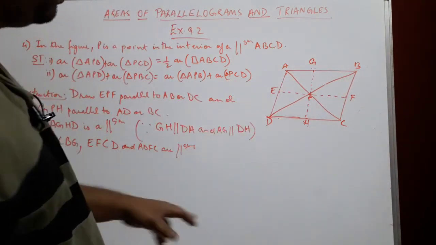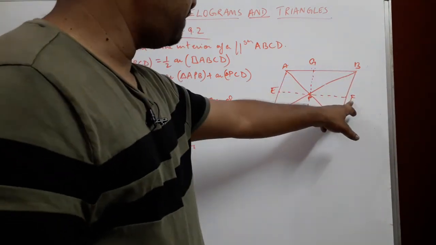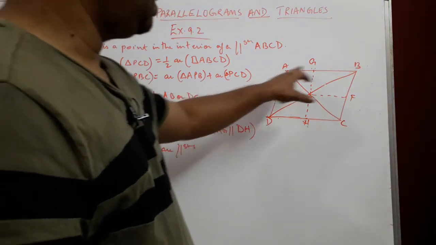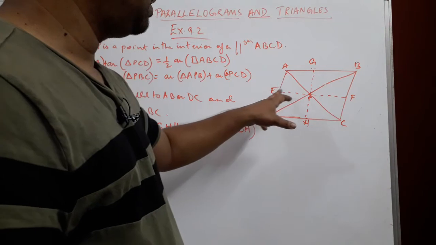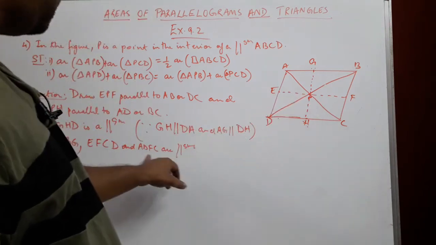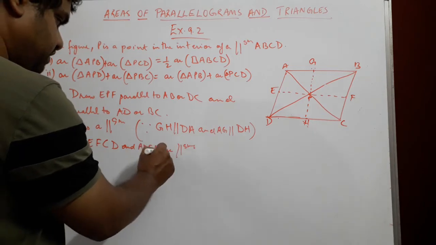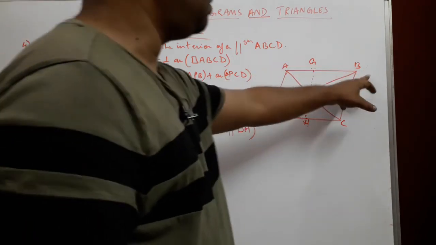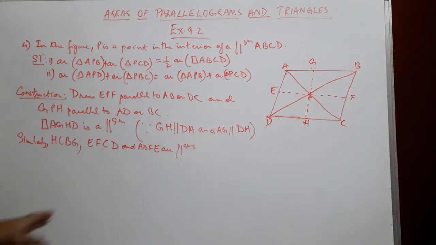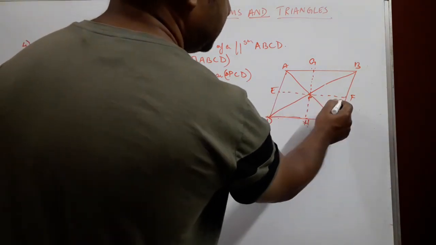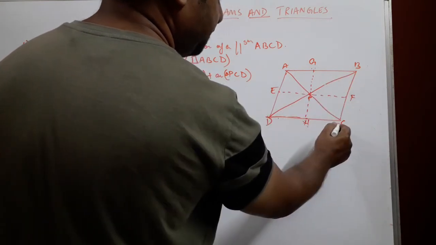Okay, see, HCBG, EFCD, then ABFE, sorry, AB, not FC, ABFE is also a parallelogram. The reason why they are all parallelograms is because this line is parallel to this line and this line.